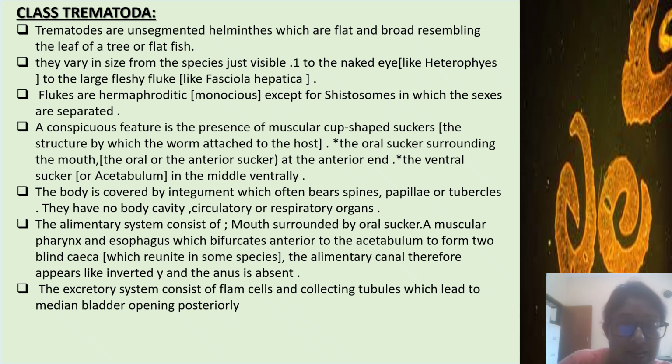The alimentary system consists of a mouth surrounded by oral suckers, a muscular pharynx and esophagus which bifurcates anterior to the acetabulum to form 2 blind caeca. The alimentary canal therefore appears like an inverted Y and the anus is absent. This is the inverted Y shape.